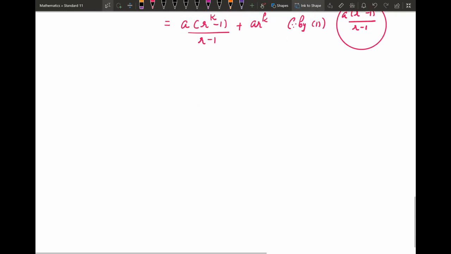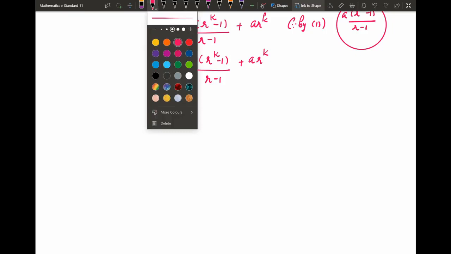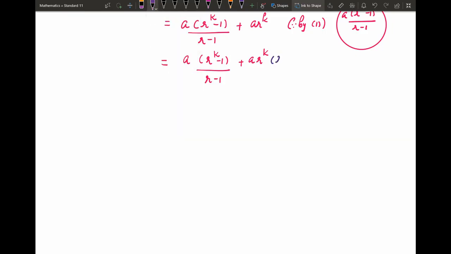Now to simplify this, check this step: a into r raised to k minus 1 upon r minus 1 plus a r raised to k. Now for simplification, multiply the numerator and denominator by r minus 1, so that we can take a upon r minus 1 common.